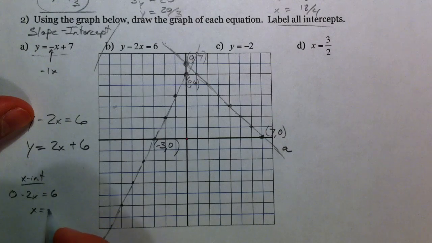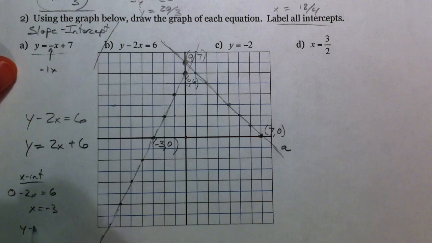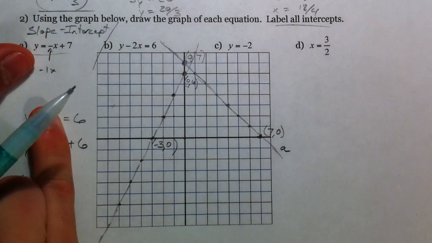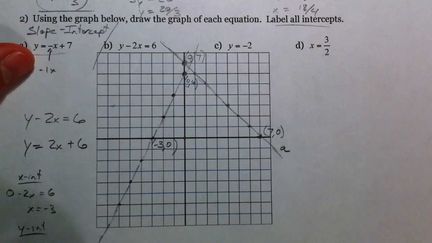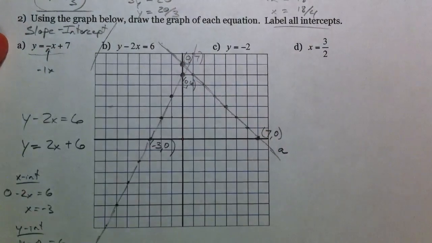So then x equals negative 3. And we got it. Or the y-intercept, if you cover up the negative 2x, because x equals 0 cancels that out, then you get y minus 0 equals 6. So y equals 6. And that's what we got as well.